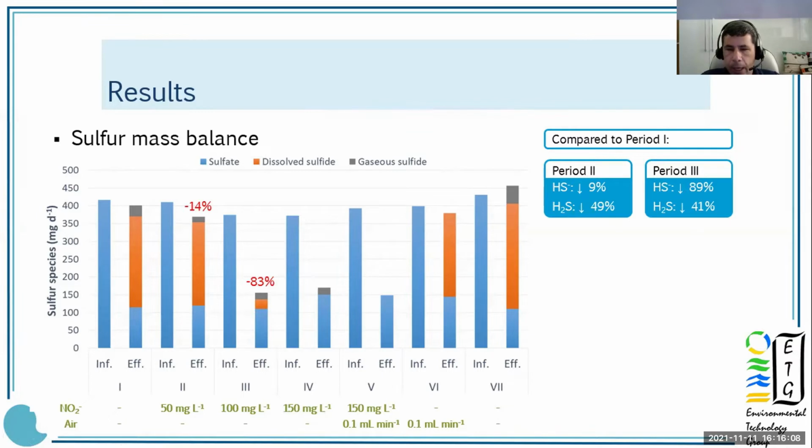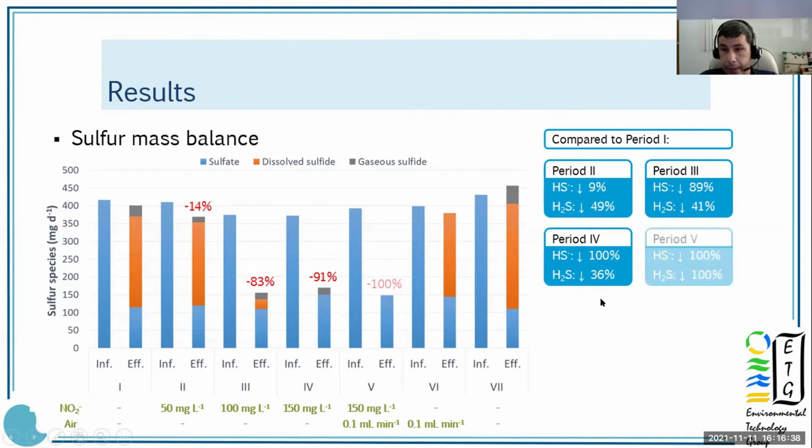Okay, period 4, we applied 150 milligrams per liter. So there was a very good decrease. All the HS minus, the dissolved sulfide, was removed, but the gaseous sulfide, the hydrogen sulfide, only decreased 36%. In period 5, when we applied both, combining nitrite addition and microaeration, we had 100% removal of sulfide.